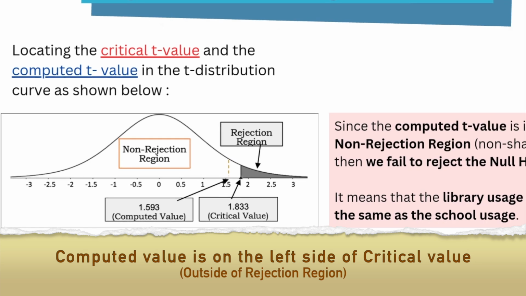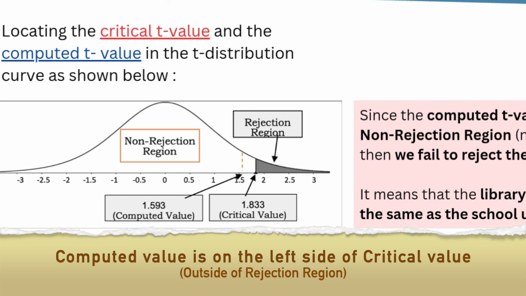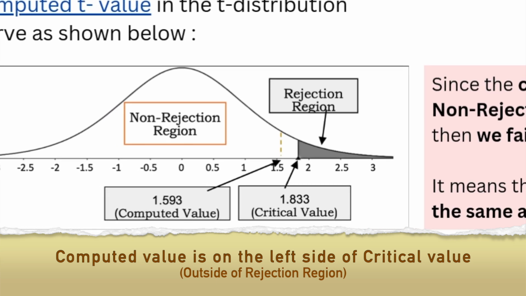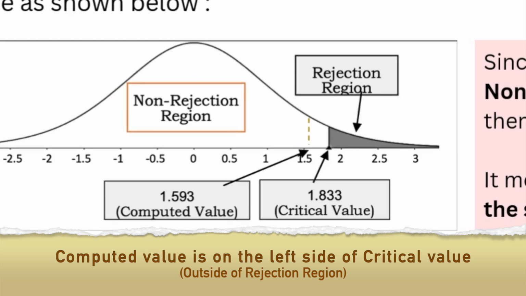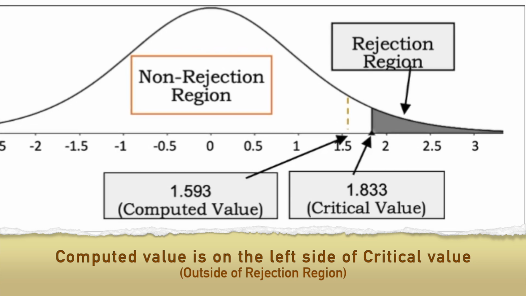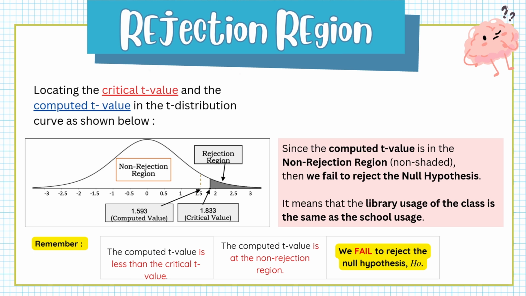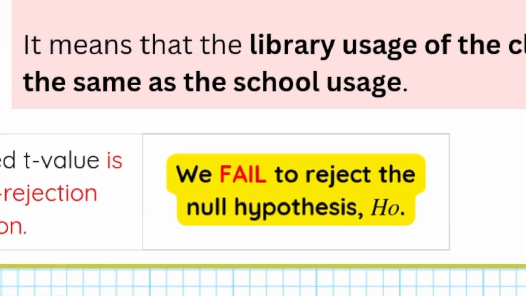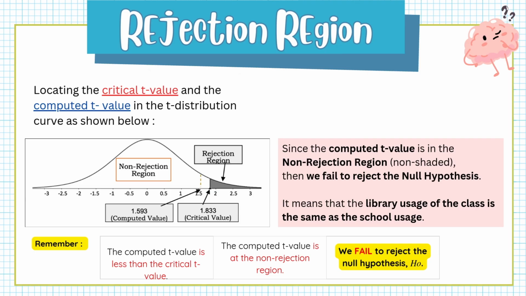This is considered our rejection region, where our computed value 1.593 is located on the left of the critical value 1.833. Since the computed value is in the non-rejection region or the non-shaded, then we fail to reject the null hypothesis. It means that the library usage of the class is the same as the school usage.